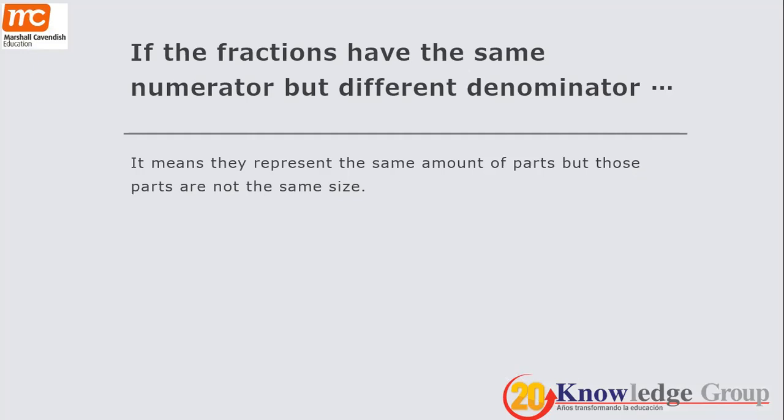Okay? What if they have the same numerator but different denominator? So you look at your denominators and you see they're different. What do we do now? Well, remember at the beginning I said that the more you divide a whole, the smaller the pieces are. Let's say I have this. This is my whole. It was divided into 2 parts.